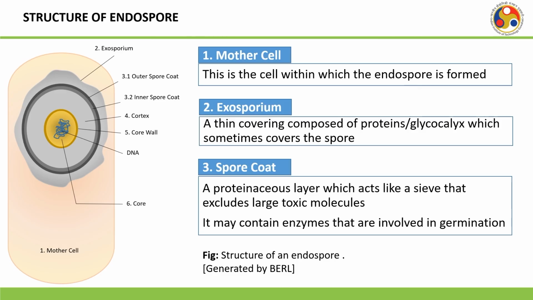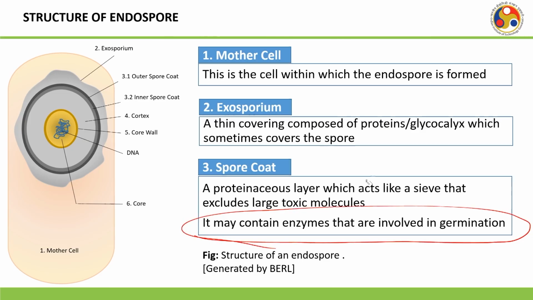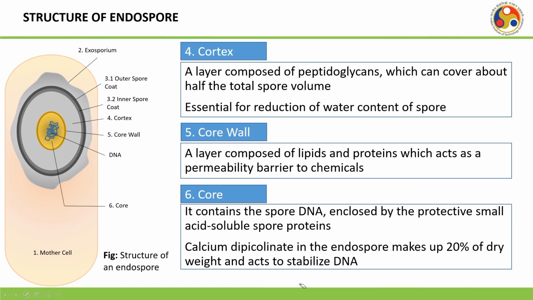Then we have a spore coat, which may have inner and outer layers. This is a proteinaceous layer which acts like a sieve that excludes large toxic molecules from entering. It may also contain enzymes that are involved in germination.